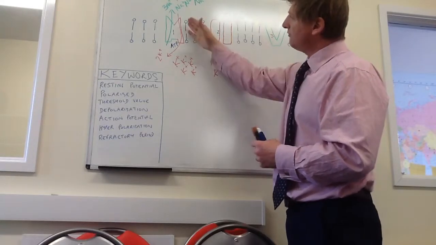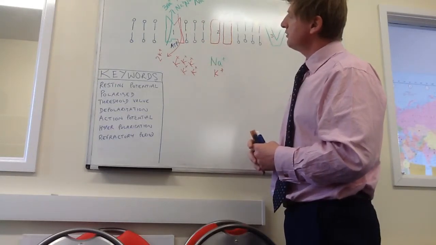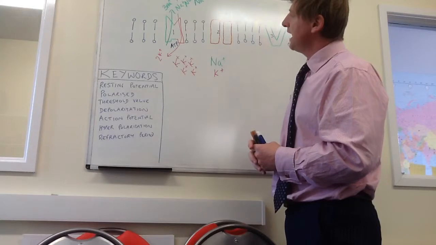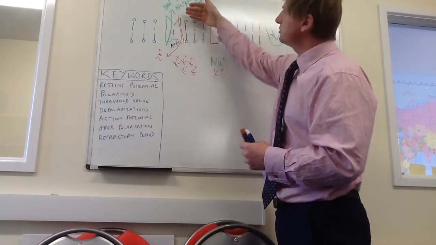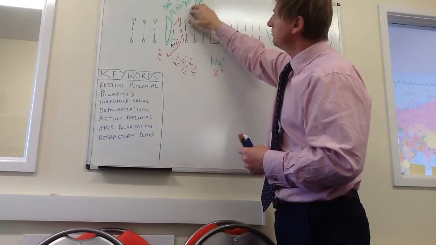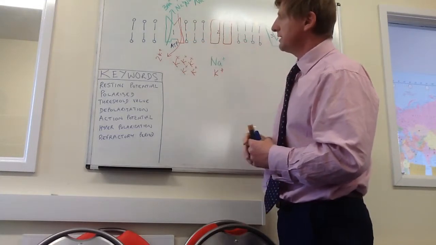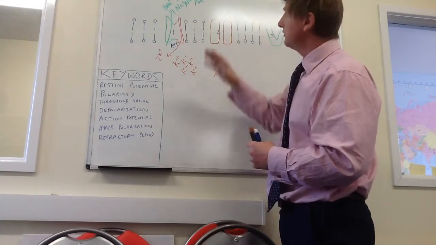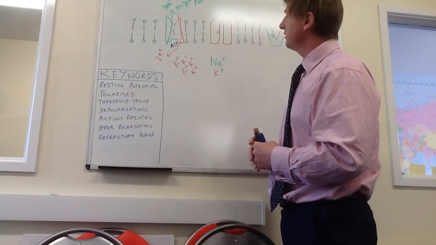So after this sodium-potassium ATPase has done its work, it's going to create a scenario where there are now loads of sodiums on the outside, loads of potassiums on the inside, not so many sodiums on the inside, not so many potassiums on the outside.